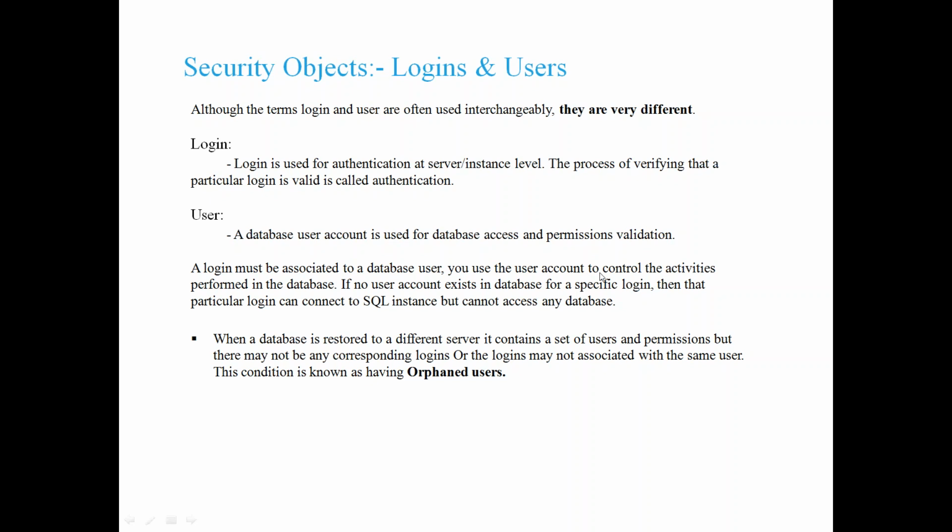You use the user account to control the activities performed in the database. If no user account exists in the database for a specific login, then that particular login can connect to the SQL instance but cannot access any database. So if the login is not associated with any user in the database, then that login can connect to the instance but not to the SQL databases.